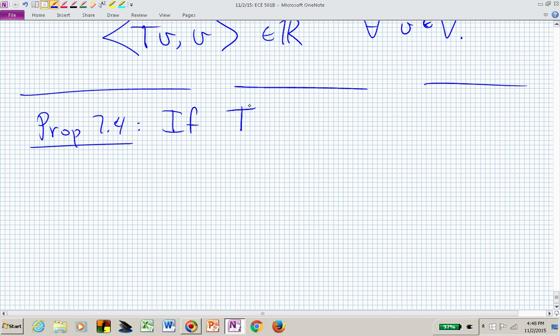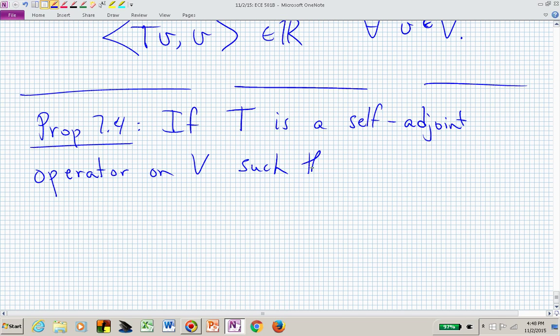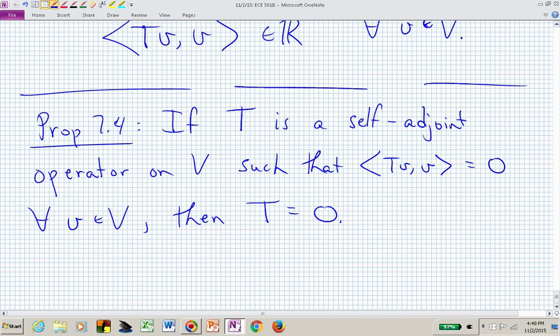If T is a self-adjoint operator on V such that the inner product of TV with V is equal to 0 for all V in V, then that linear operator is in fact the 0 operator.